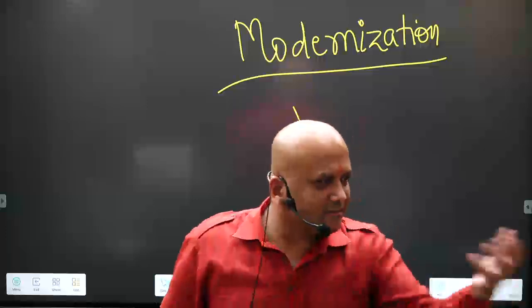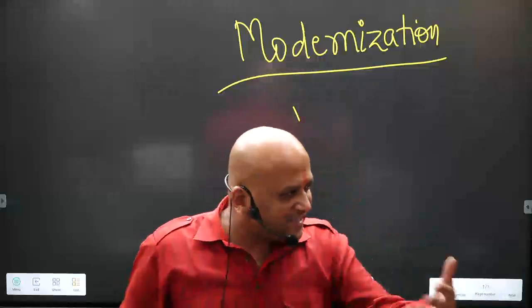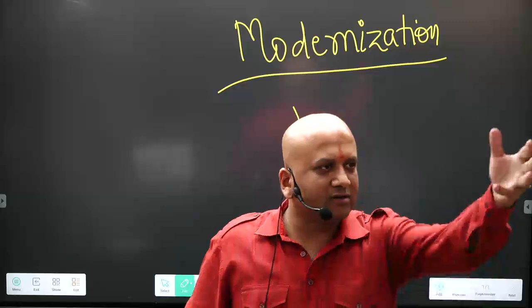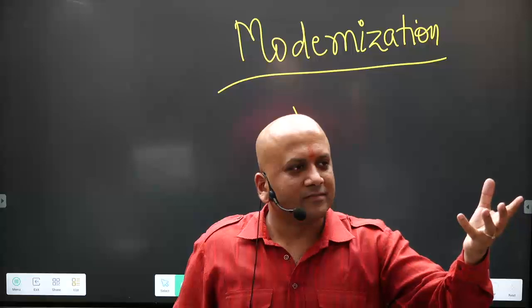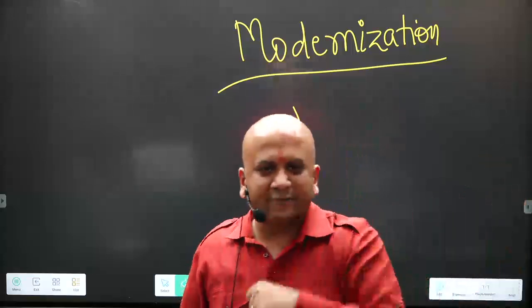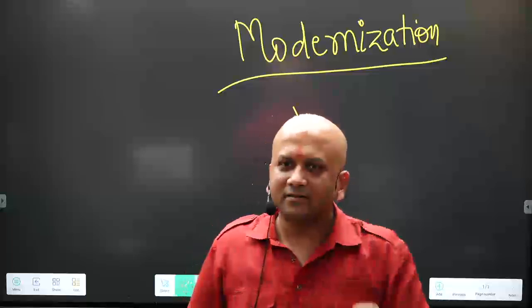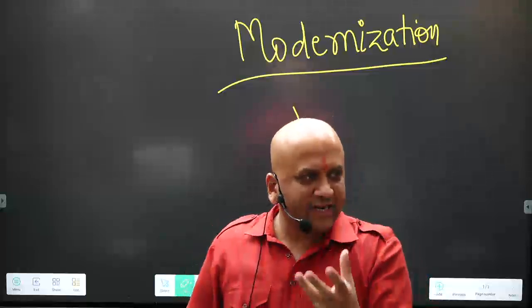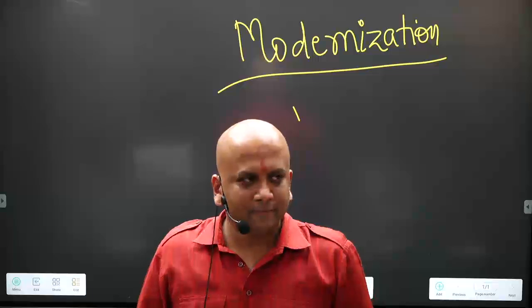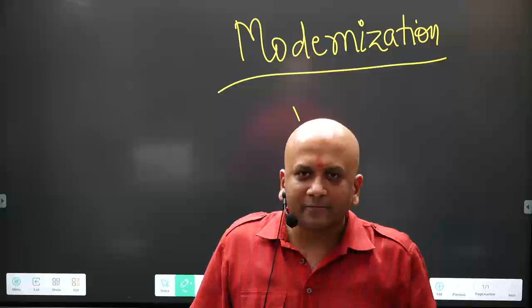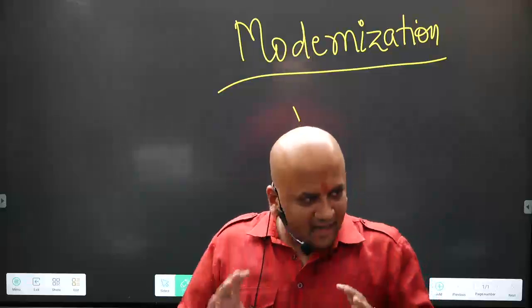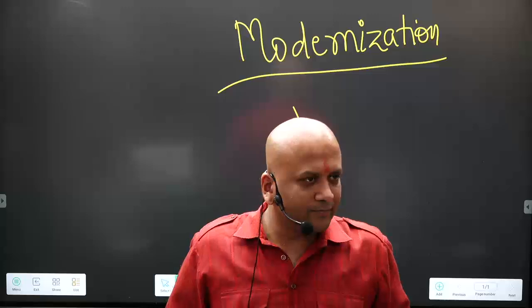And tell me more. Scientific temperament, or from joint to nuclear family. Very importantly, new modes of production. And a modern society is characterized by what kind of an economy? Industrial capitalist economy. Absolutely.